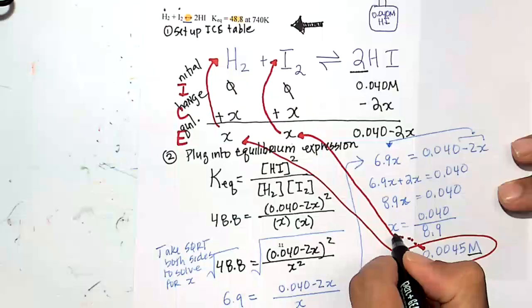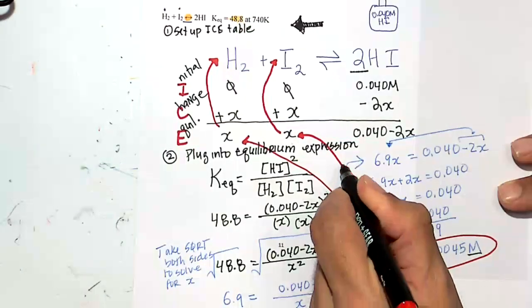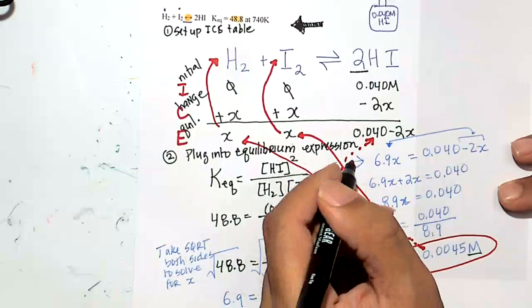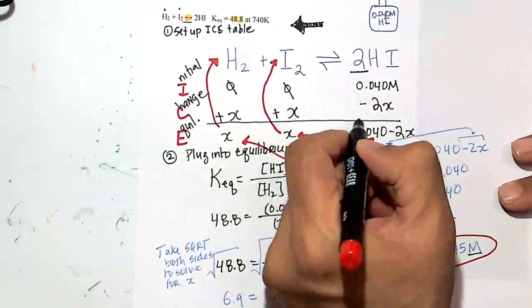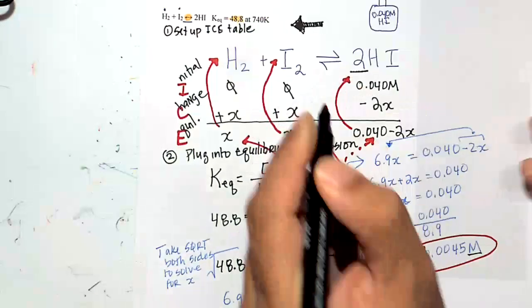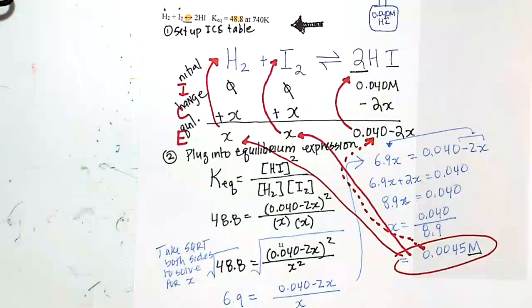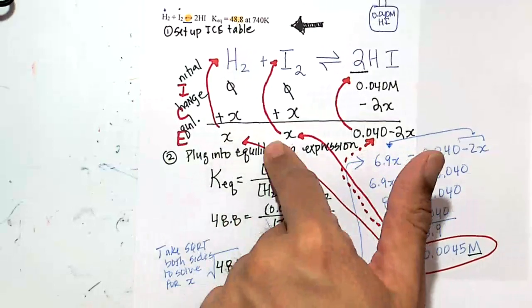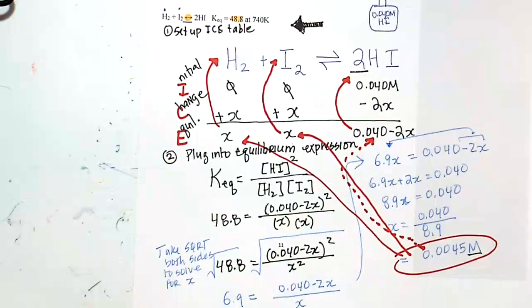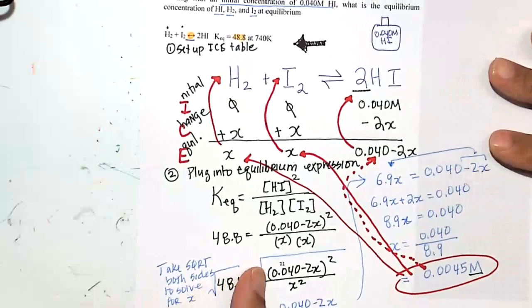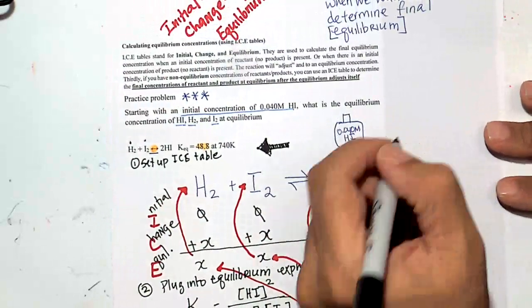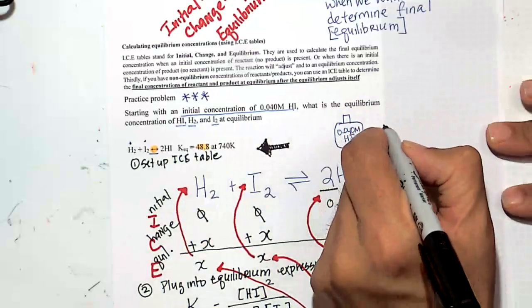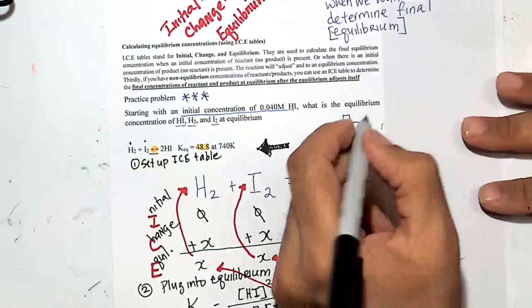And 0.040 minus 2x, minus 2 times this, is the concentration of HI. So we're going to plug this x back in here. So our final answer is at equilibrium. This is what you'll put on the test, at equilibrium.